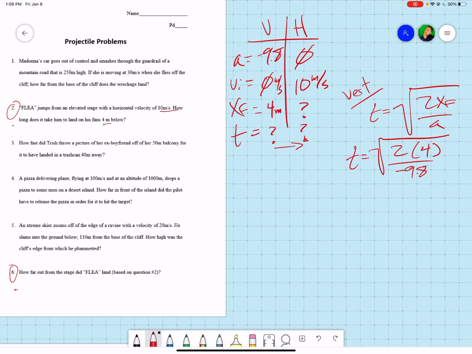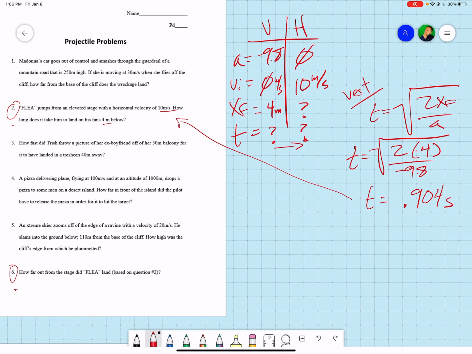All right, now really that means that's a negative as well. So we're really doing, the negatives cancel out, and we have square root of 2 times 4 divided by 9.8. And I get an answer of 0.904 seconds. All right, so there's your answer to number 2.